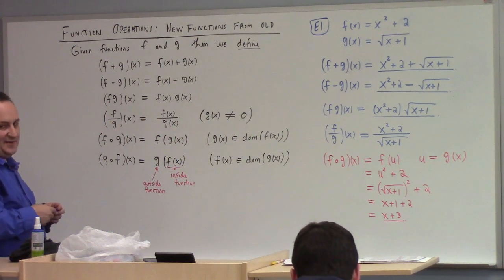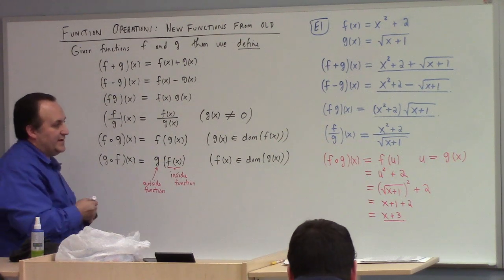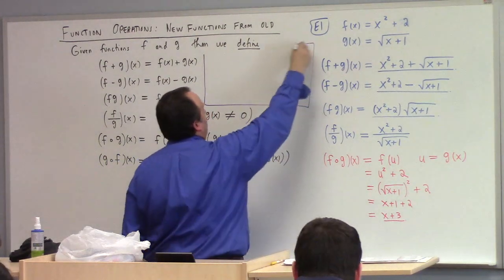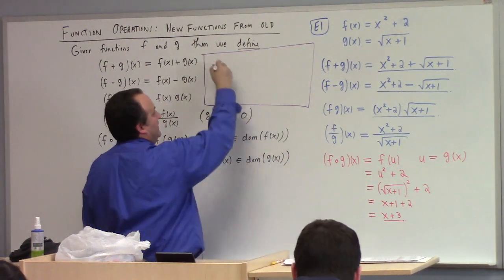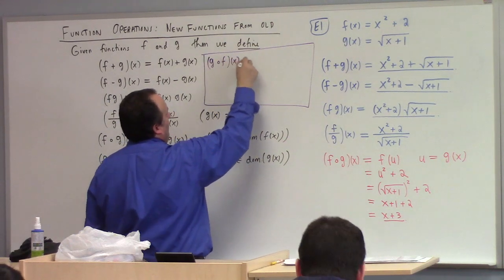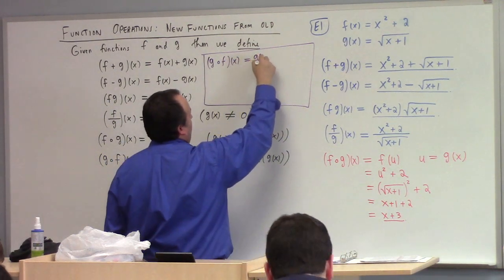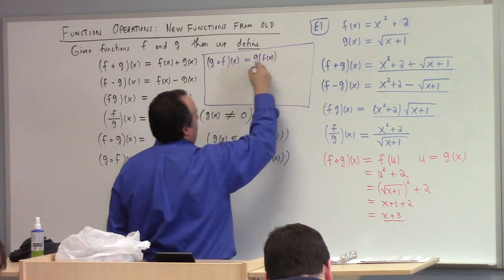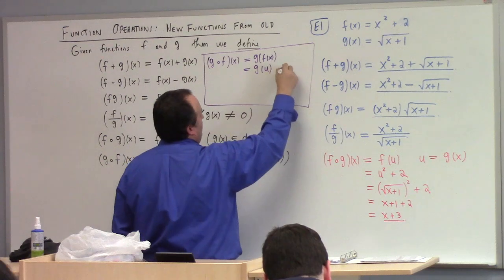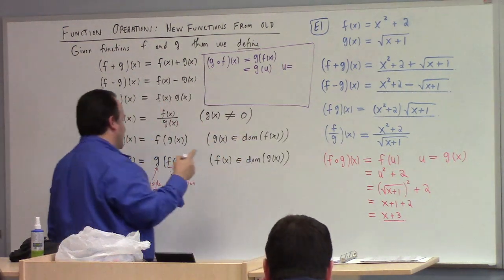Got it? All right. Let us try this. What is g composed with f? How does that go? That is g of f of x, all right? But here, let's say that that's g of u, where u is equal to f of x. What is f of x equal to?